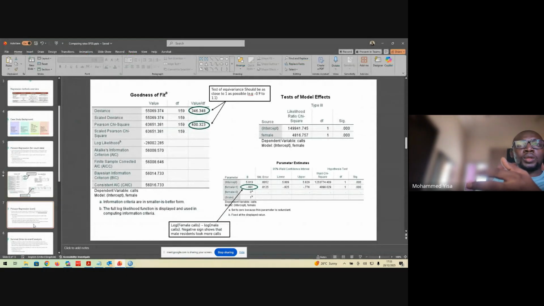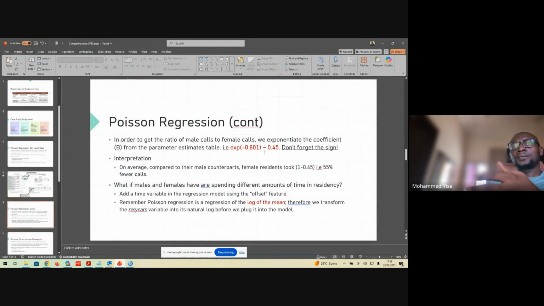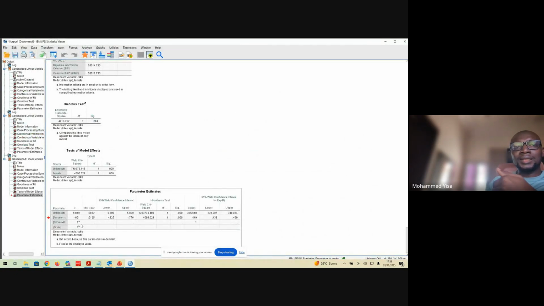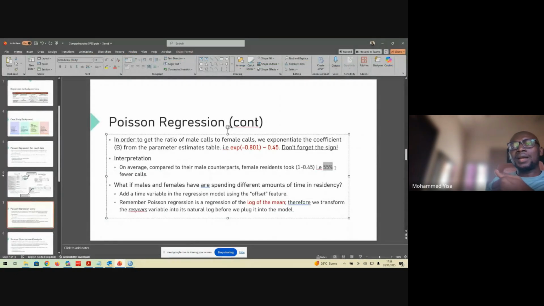And that is what we have done here. So we subtracted this 0.45 from 1, now expressing it as 55%. So on average, because of this negative sign, we would say that on average, female residents took 55% fewer calls compared to male residents.